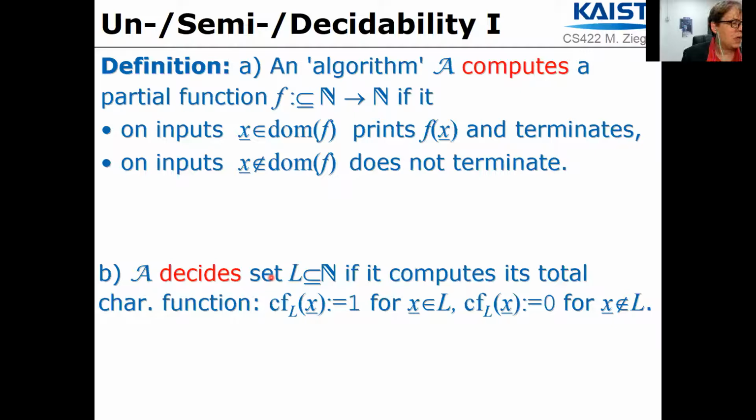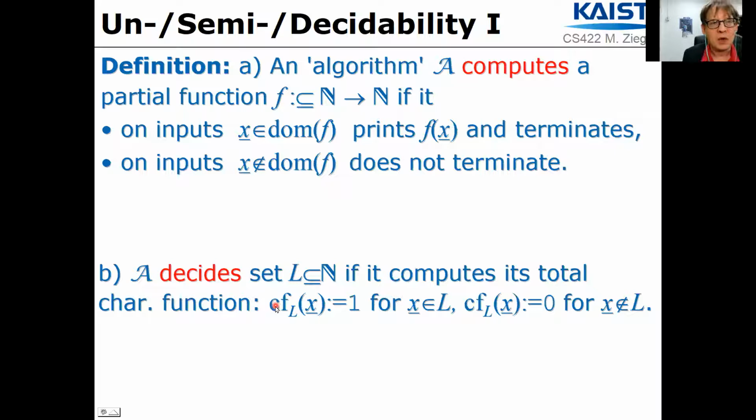So in particular, deciding is a special case of computing, namely the case where the output is only 0 and 1, depending on the value of the characteristic function.